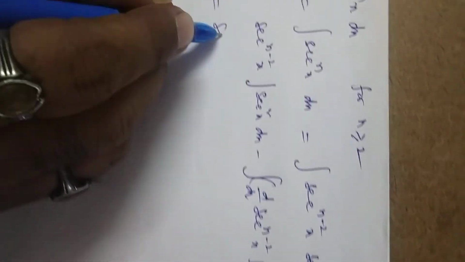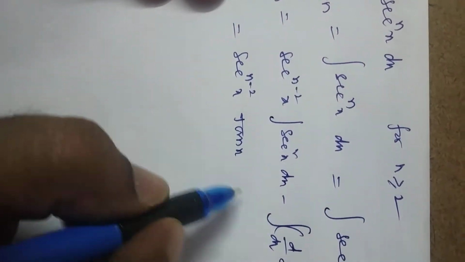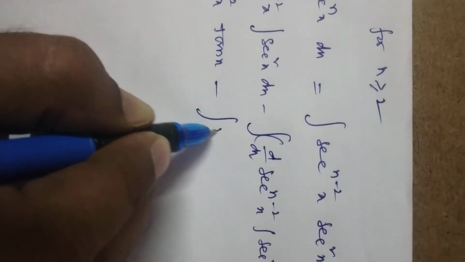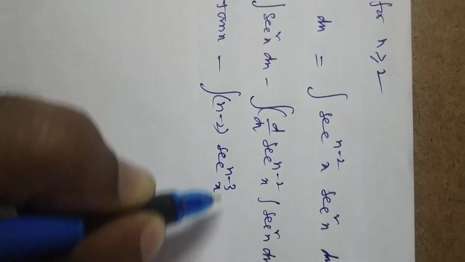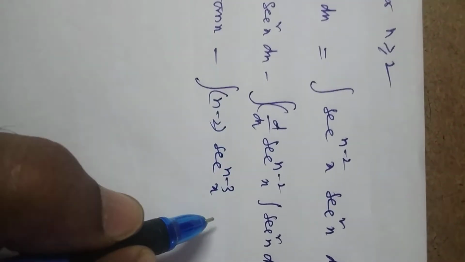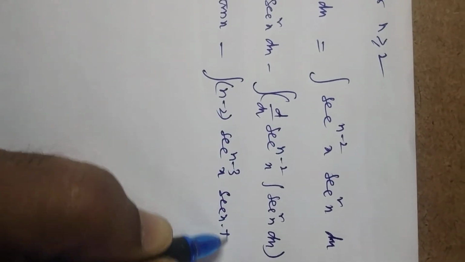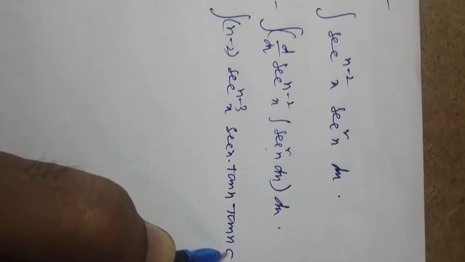This is equal to secant^(n-2) x into tan x, since the integral of secant square x is tan x, minus the derivative of this one, which is (n-2) into secant^(n-3) x and into the derivative of secant x, since the internal derivative we have to do, secant x into tan x we will get for that, and for this tan x dx.